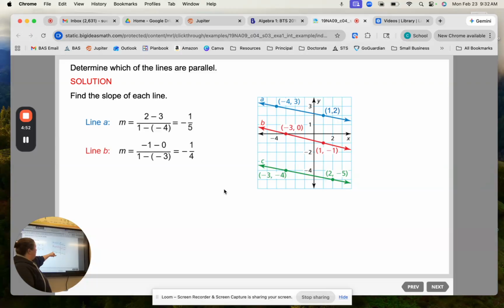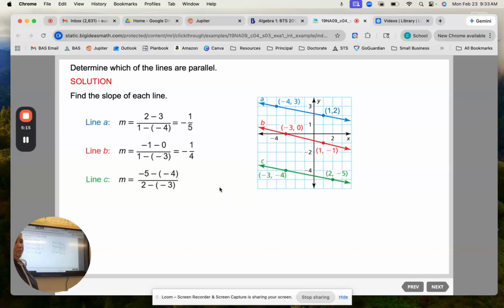So now we just need to see whether line C matches B or A. What do you think it is? You think it's A? Let's find out. So, line C, we have negative 5 minus a negative 4, which is addition, and 2 minus a negative 3, also addition. What is negative 5 plus 4?